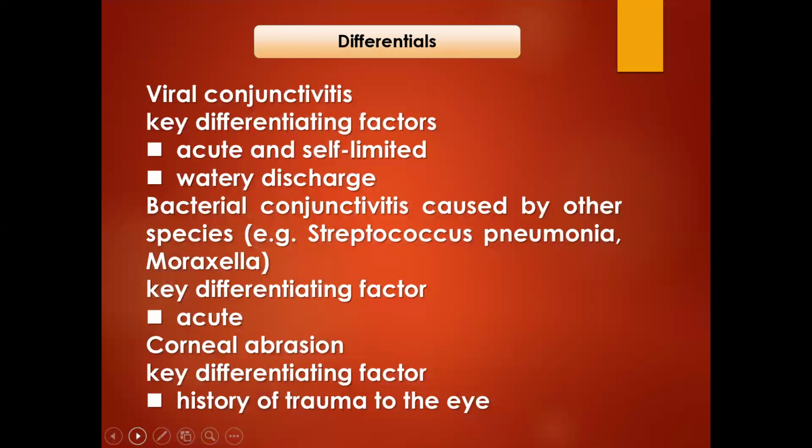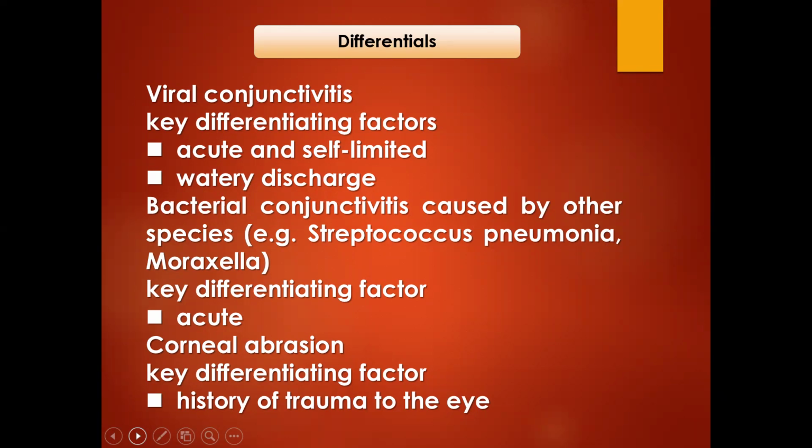Now, what are the likely differentials? What other condition can present as trachoma? One is viral conjunctivitis. You differentiate it because viral conjunctivitis is acute and self-limited, because viral infections are usually self-limited, whereas trachoma is insidious and chronic.